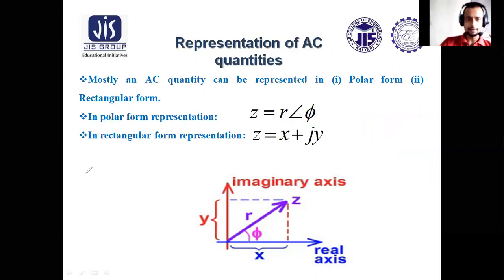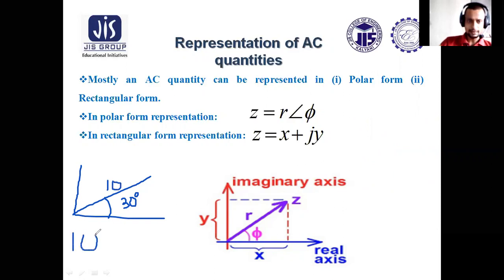But as shown here, an AC quantity would be like this. Suppose this is angle 30 degree and this has a magnitude of 10. Then this should be represented by 10, that is magnitude, angle 30 degree. So AC quantities should have some magnitude along with an angle.